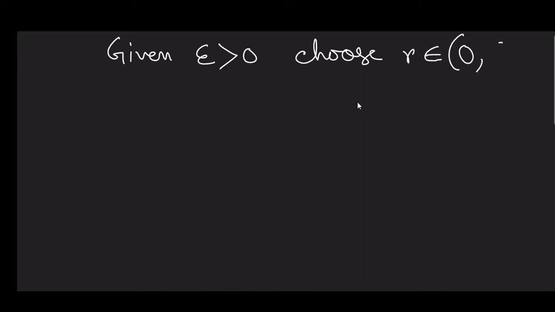Let us consider, given epsilon greater than 0, let us choose R. The bound on R is that, even though we are assuming that R tends to 0, R cannot identically be equal to 0, right?